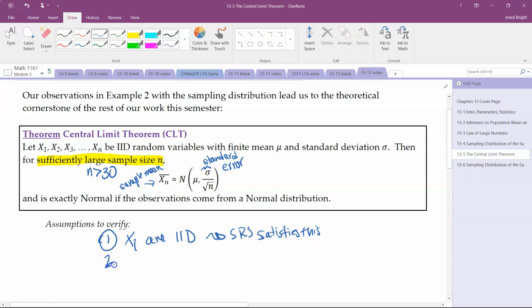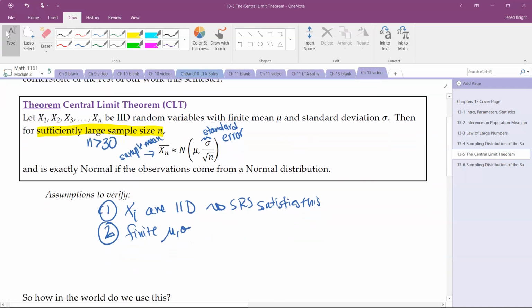And then second, we need to verify we have finite mean and standard deviation. So are they a number? And then lastly, third, we either need n greater than 30, or technically this last one, or we need normally distributed. So before we can use the conclusion of the CLT, we need to go through these 3 checks.